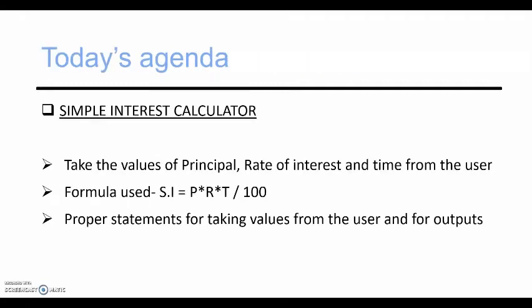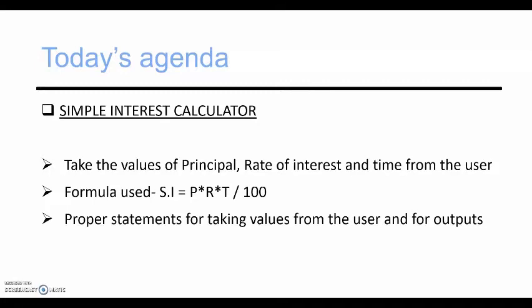So the agenda for today is going to be a simple interest calculator. It's going to be a very easy project, which I think is very ideal now that we are starting to write a few programs with what we have learned.